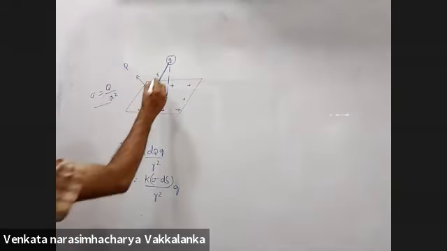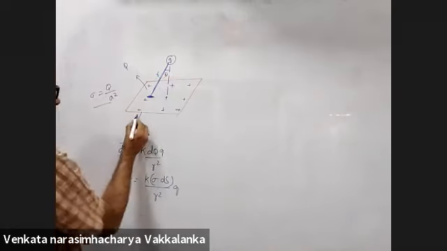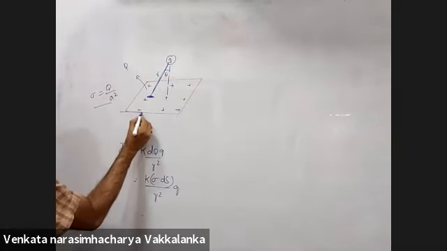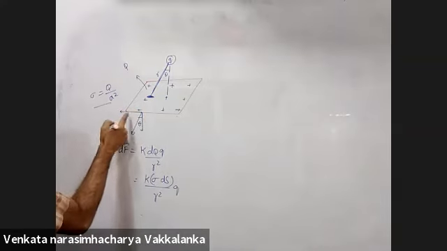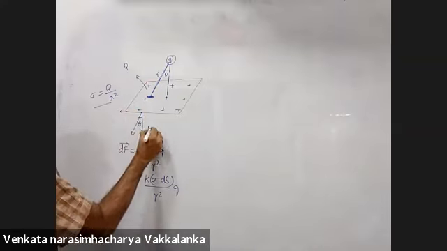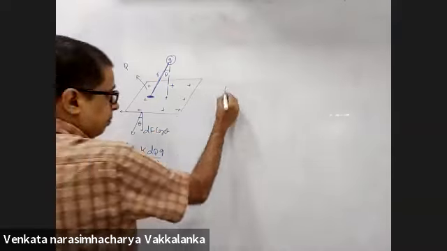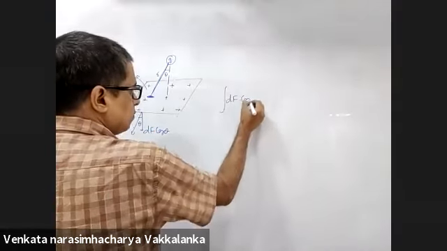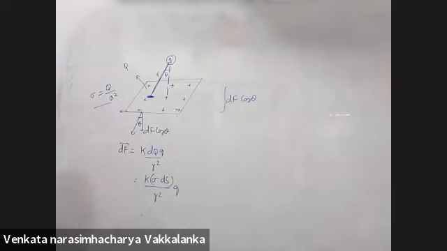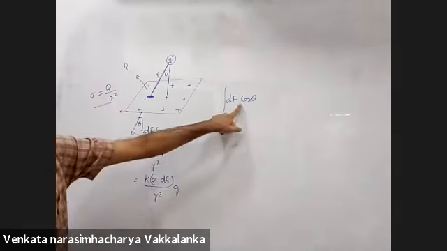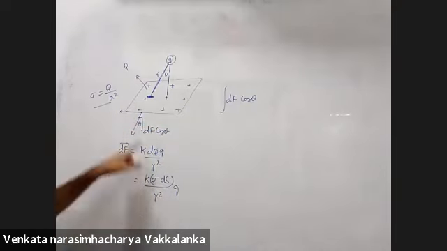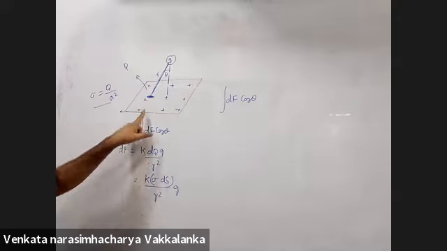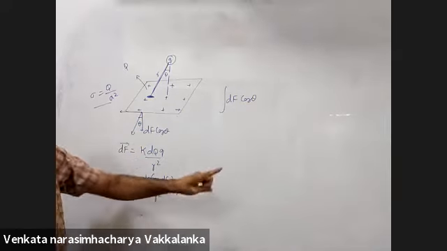This is theta. This dF, can I claim all throughout this component will get cancelled out and dF cos theta should be added up? Haven't we done this before? All the parallel components will cancel out and horizontal components will add up. dF cos theta will add up.